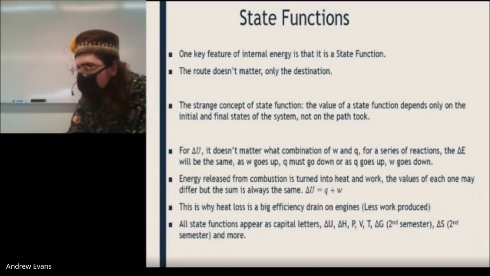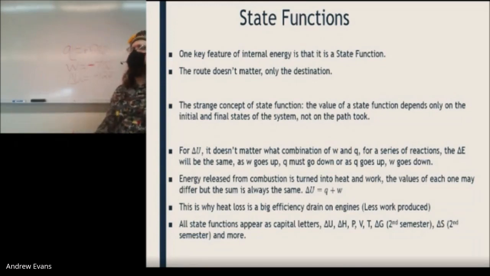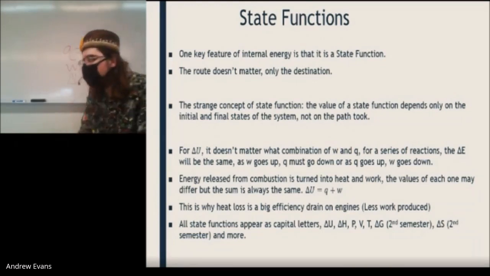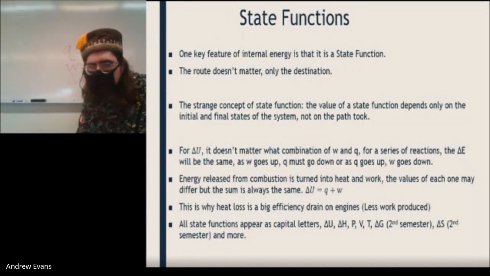I could take another path that only gives me 20 joules of heat, but it would then have to give me 80 joules of work to give me a total change of 100. I could take a path that uses 70 joules of heat and thus would only produce 30 joules of work. So it's 100. Depending on the path, the q and the w will change, but the sum will stay the same. The energy released or gained by the system, the net sum, will stay the same.